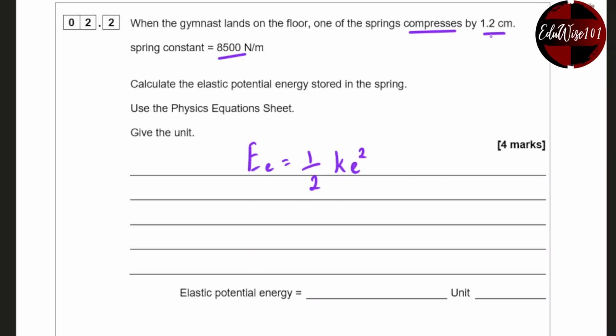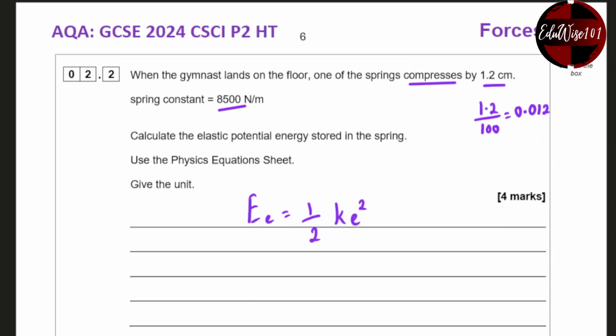Now before we put in the value of 1.2, it needs to be converted to meters. So 1.2 divided by 100 equals 0.012 meters.